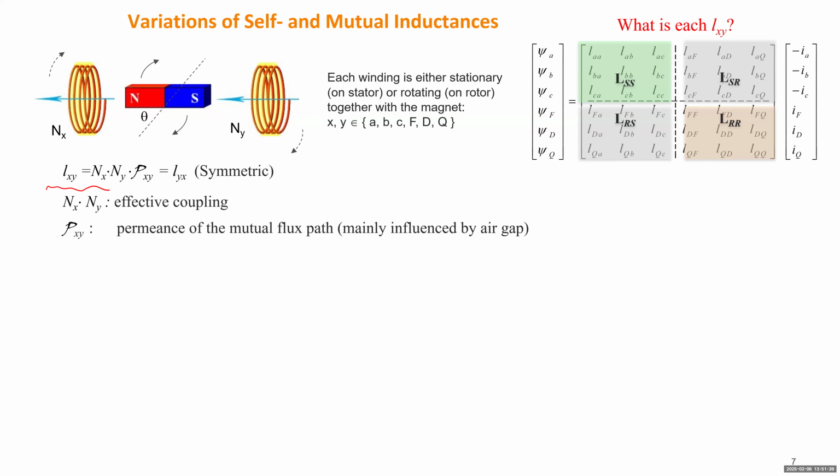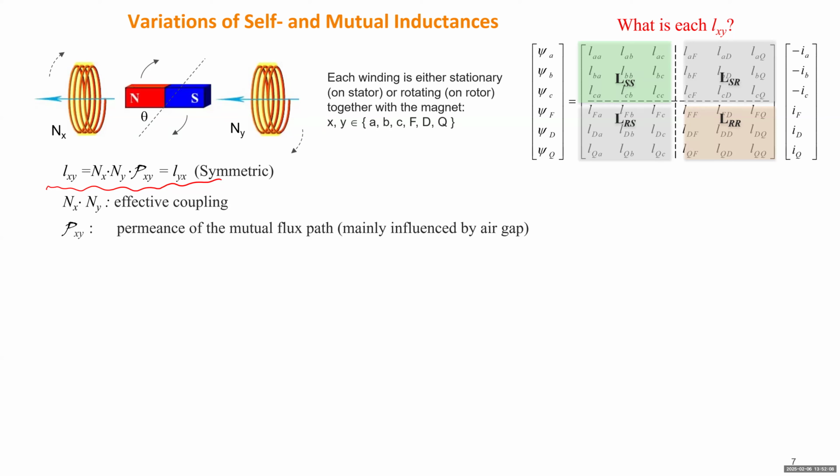This is the equation to calculate the self and mutual inductances. Each inductance involves the product of the two numbers of turns, NX times NY, multiplied by psi. Psi is called the permeance of a mutual flux path. It mainly indicates how easily the magnetic field can be built up connecting those two windings.